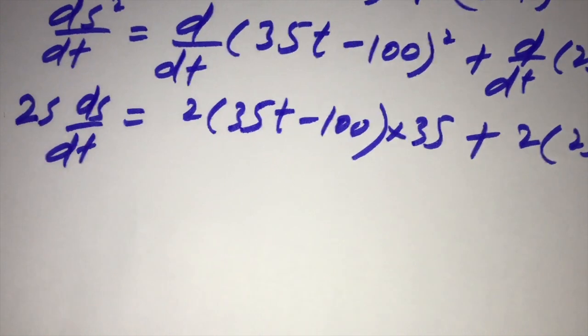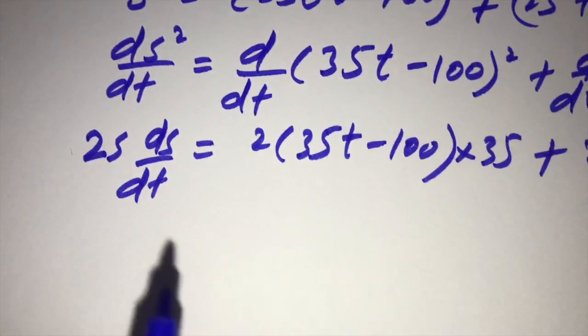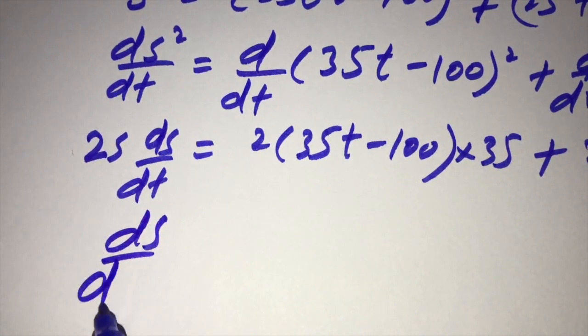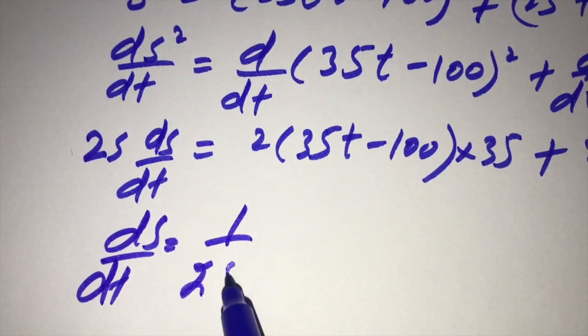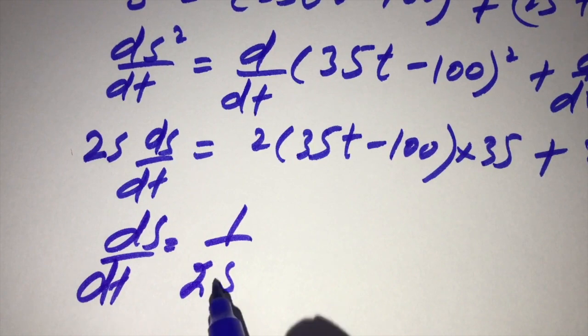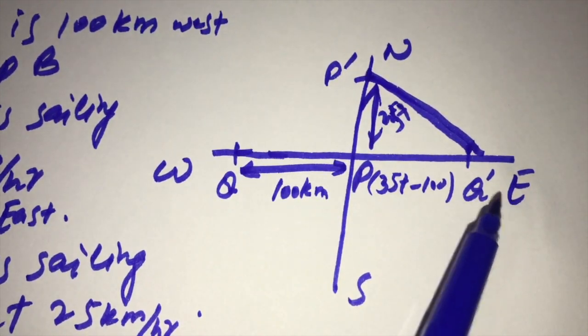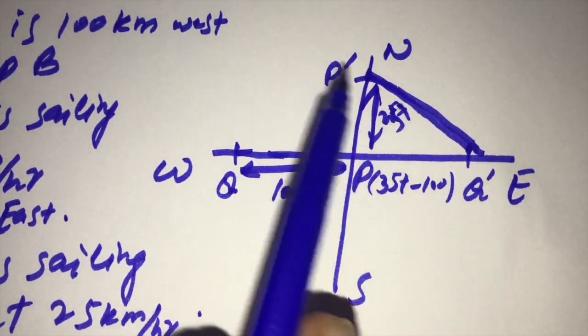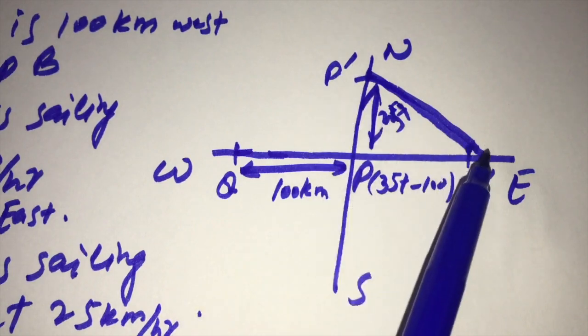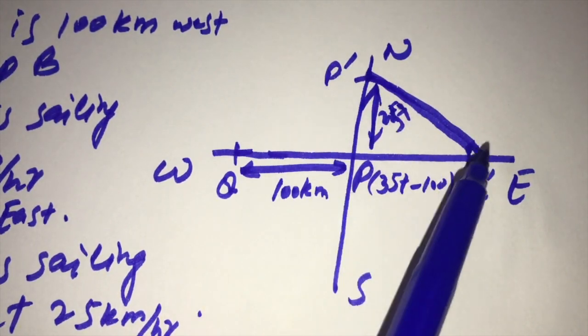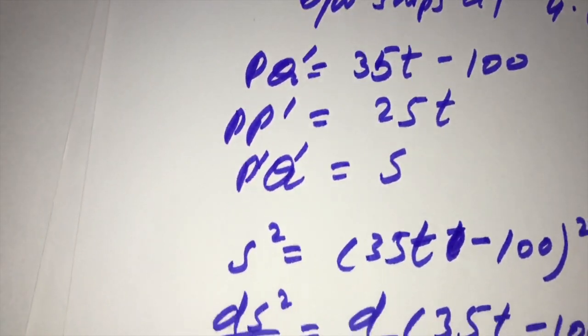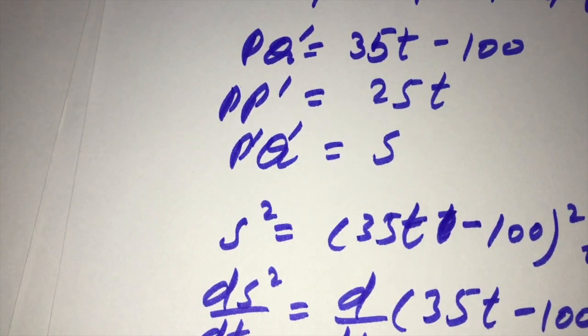So we have the value of t, but we do not have the value of s, the distance between the two ships, the distance between P dash and Q dash, which we call s. We do not have this value.